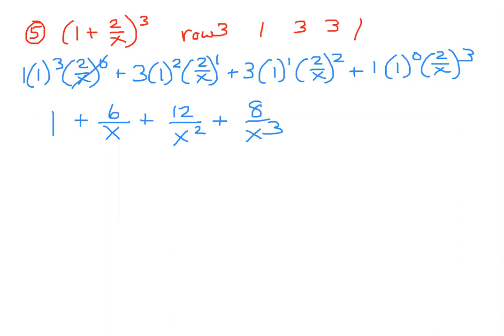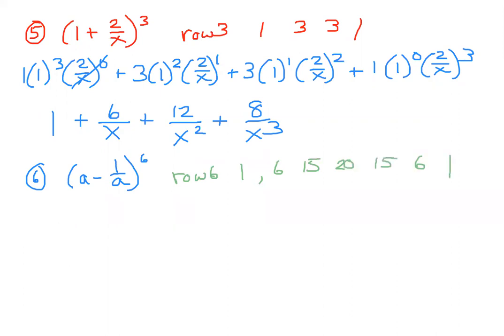Same with number 6. It's the same type of thing: a minus 1 over a, to the 6th. And we're going to use row 6, which is 1, 6, 15, 20, 15, 6, 1.